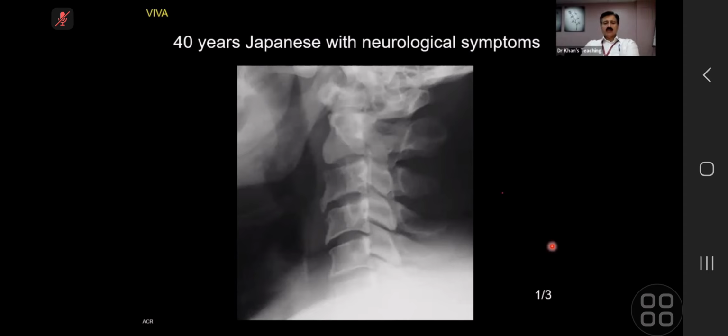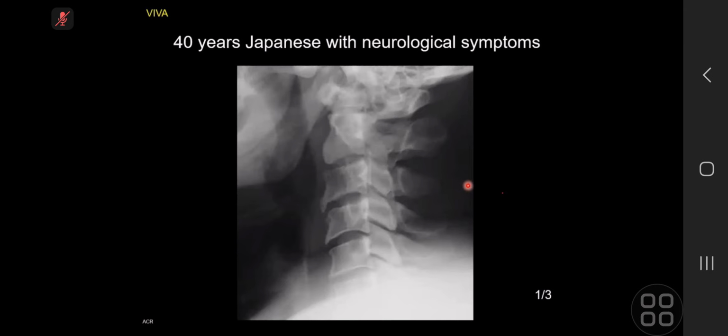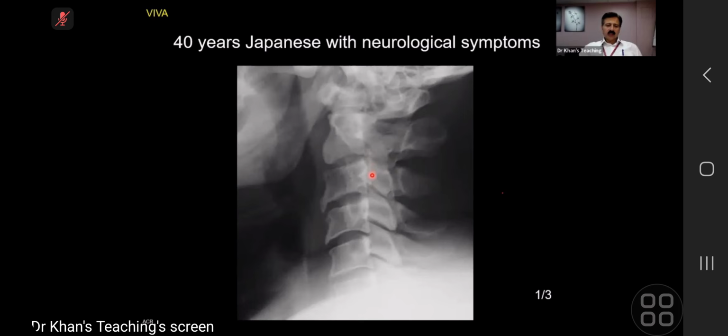Which level? Especially at the level of C2 and C3. And what is the axis of this? Is it longitudinal? Is it horizontal? I cannot give you the mouse right now, but if you can tell me. It's longitudinal. It's perpendicular. Okay, very good. So I presume you are picking this up. If you see here. Yeah.